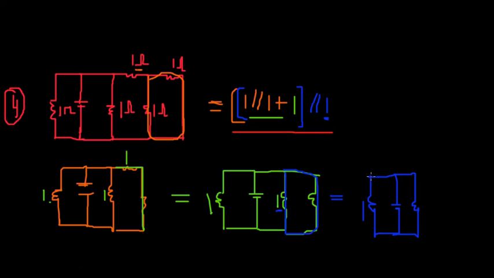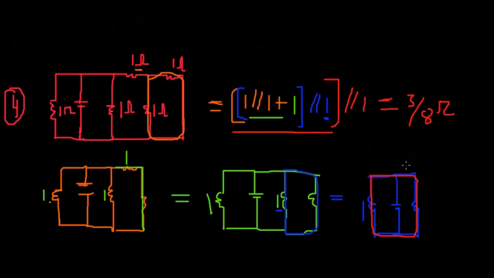Yes, so we have this, right? So that will also be in parallel with this, okay, right? Now once you solve the entire of this, you end up with your final answer being what? 3 on 8 ohm, okay? You can just simplify this further and then you arrive at the same answer.